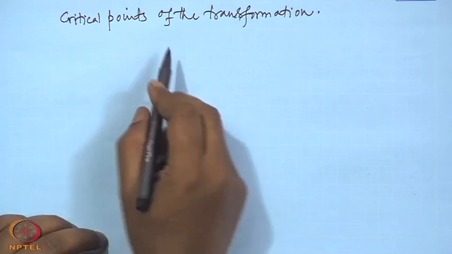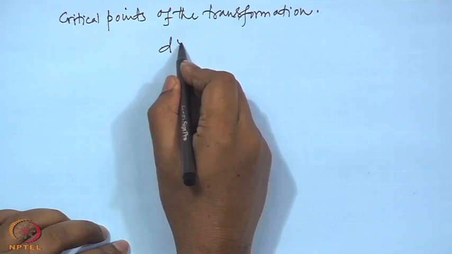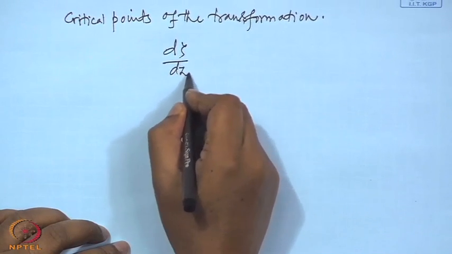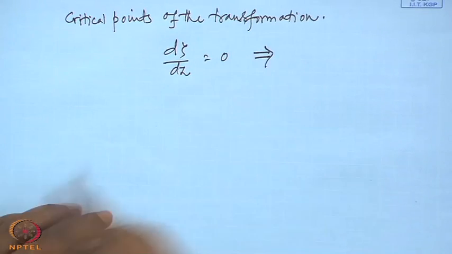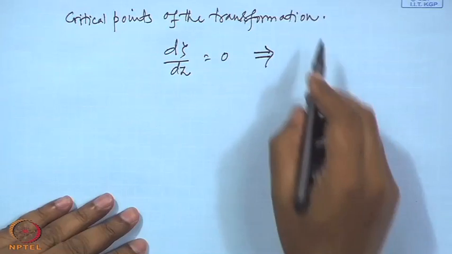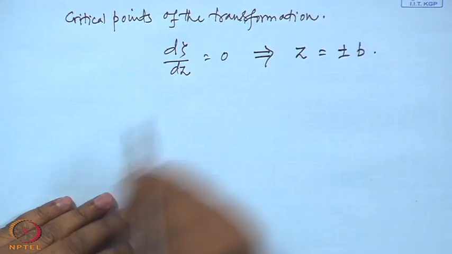So, what is that? z equal to plus minus b.